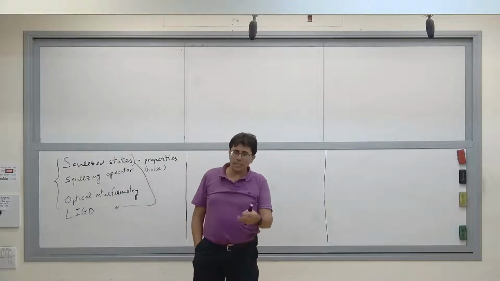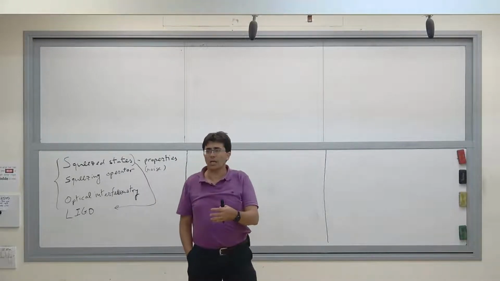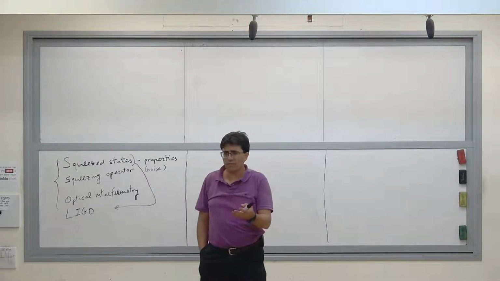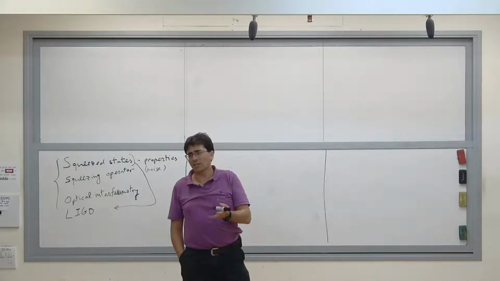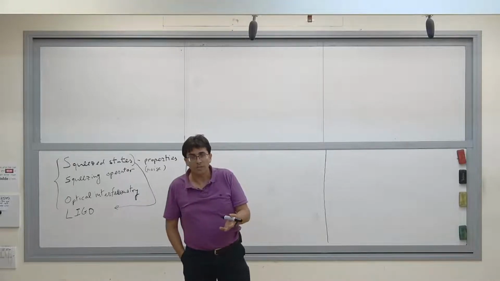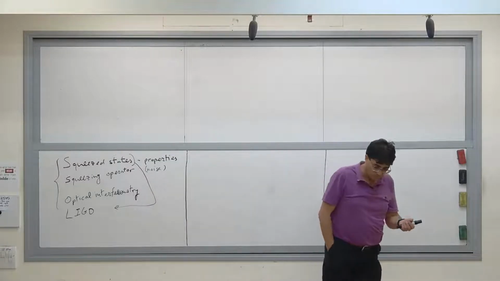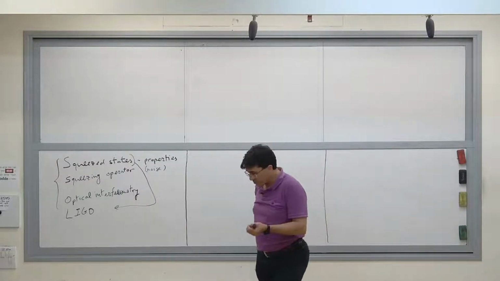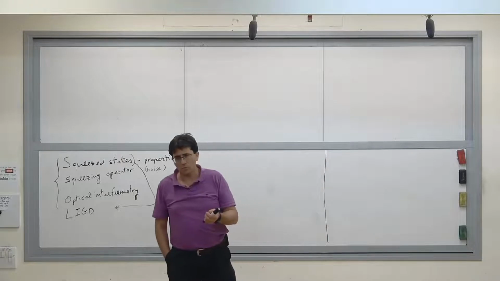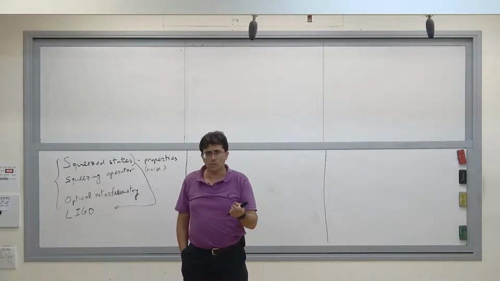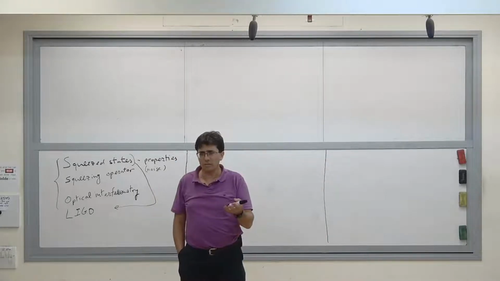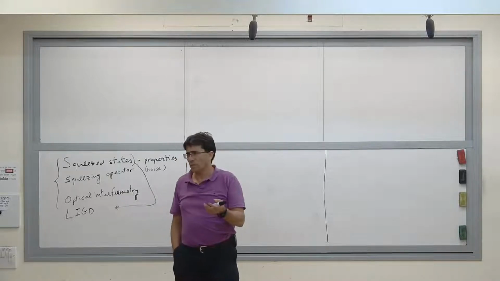Now, what would be the effective potential for the electric field? The answer is that it has to do somehow with the index of refraction.